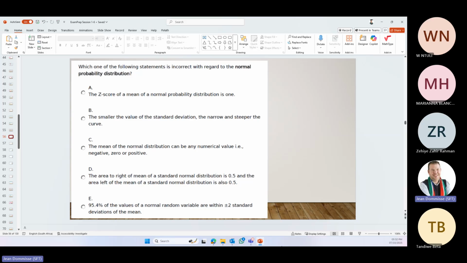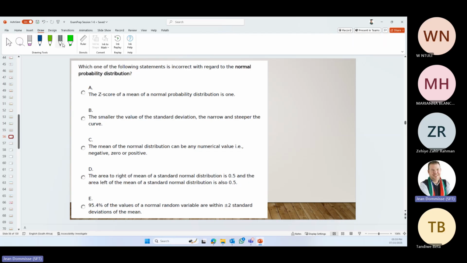Okay, so the first one is looking at the definition of a normal distribution. Let's quickly look at the options. Which one of the following statements is incorrect?